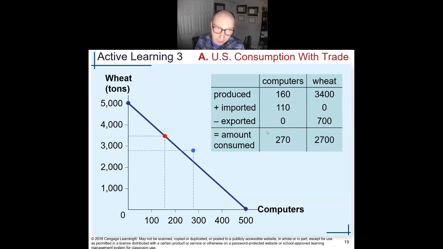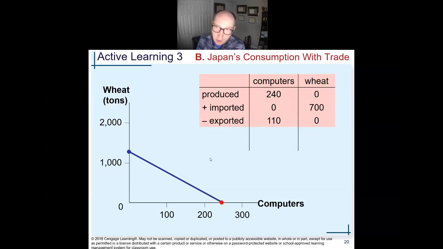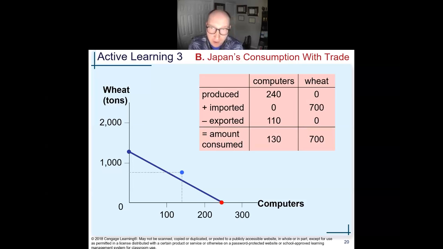So that means the amount that the United States consumed of each, we consumed 270 computers and 2,700 tons of wheat. In Japan, they produced 240 computers, 0 tons of wheat. They imported 700 tons from the United States. They exported 110 computers to the United States.